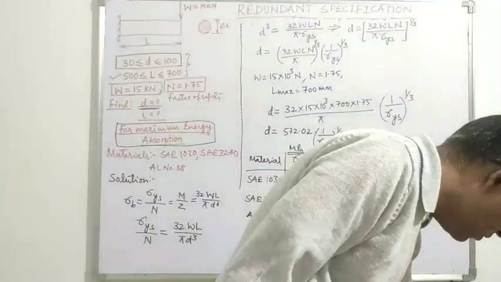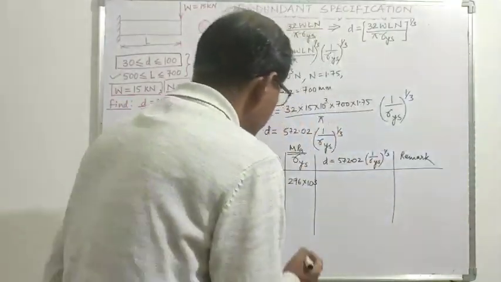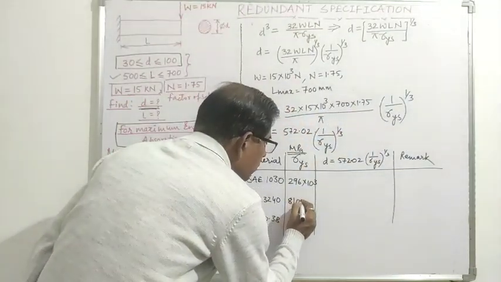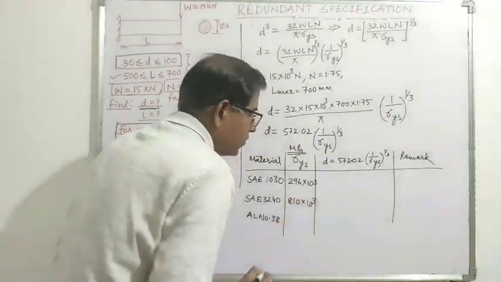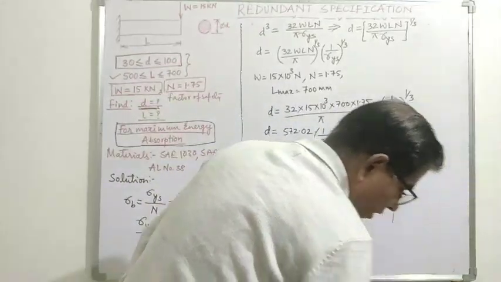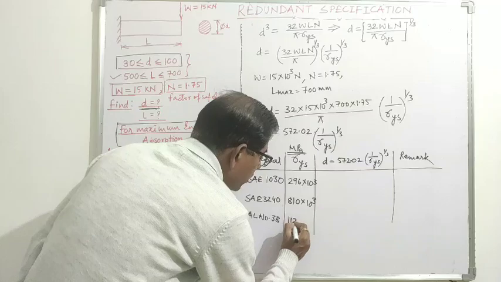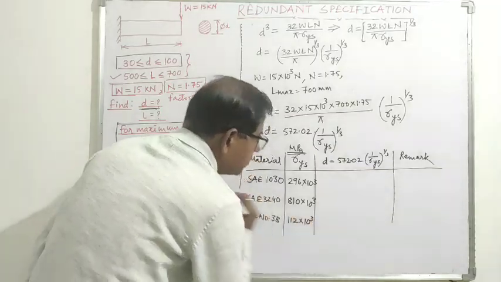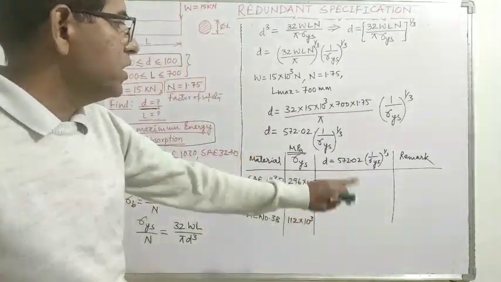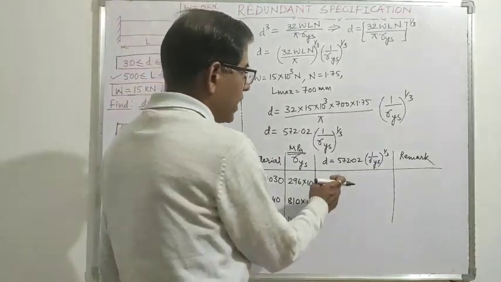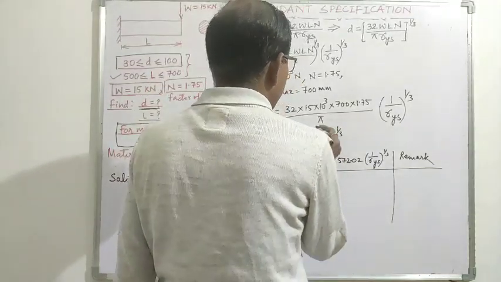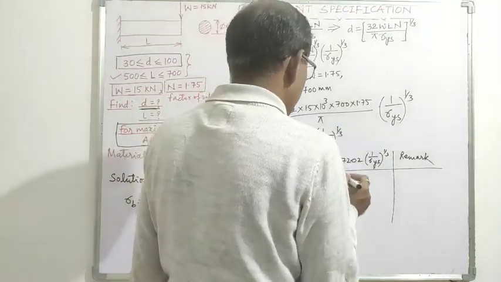Then SAE 3240 is 810 × 10^3, and aluminium is 112 × 10^3. Now from this you can calculate, here I think the 10^3 will come.